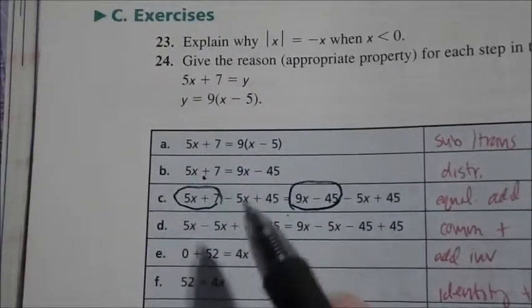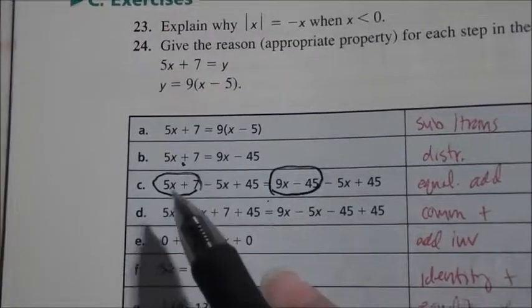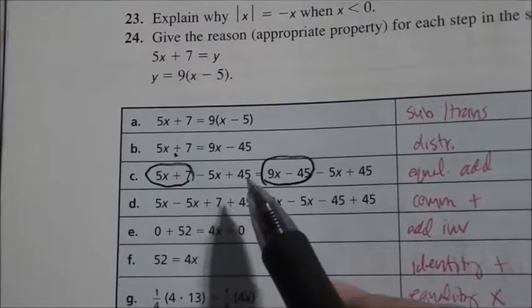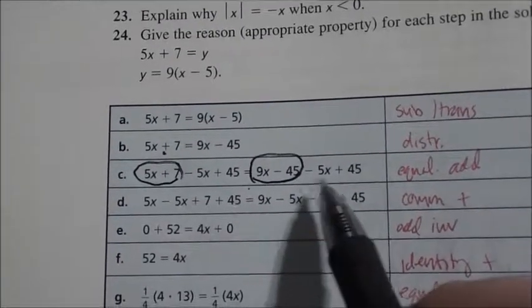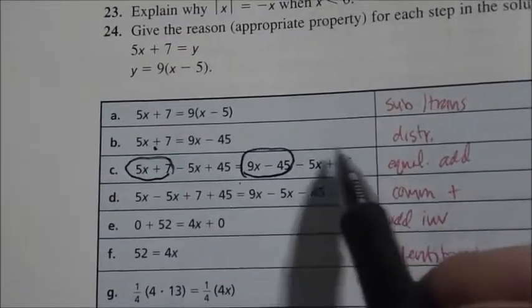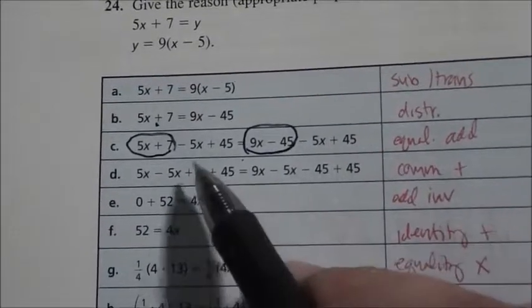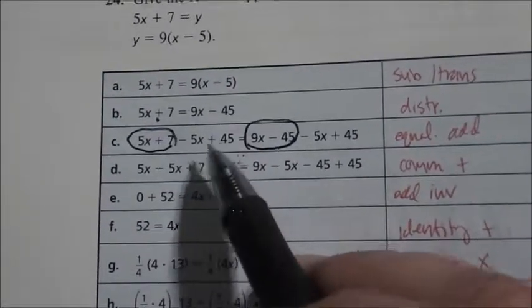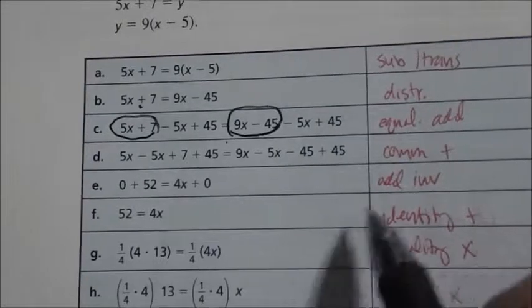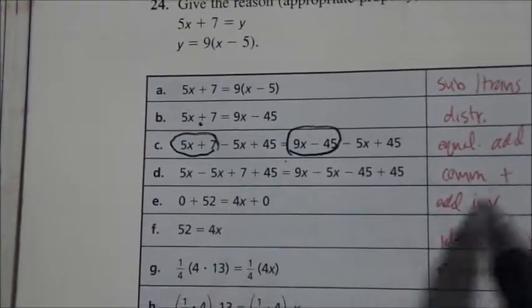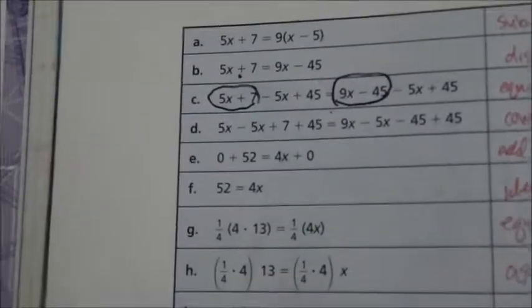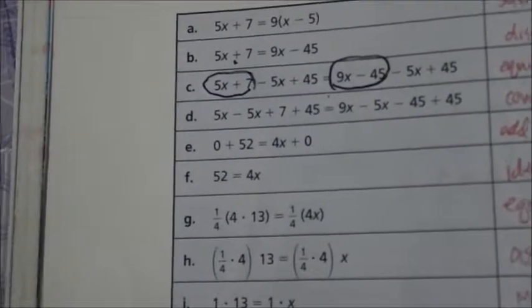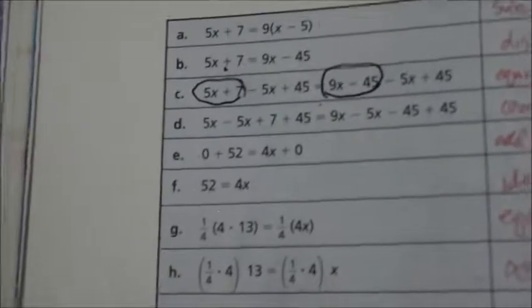So what happens to the left side, which is right here, we have a minus 5x plus 45. Here's the original right side. We have a minus 5x plus 45. So it looks like we added or subtracted the same exact things to both sides. When you're adding or subtracting, you always call it addition. We don't have a subtraction property. We just have addition properties and multiplication properties. So that's what happens there.